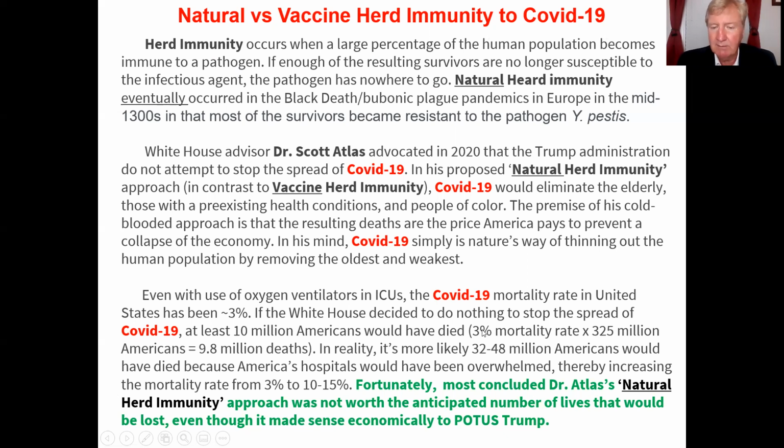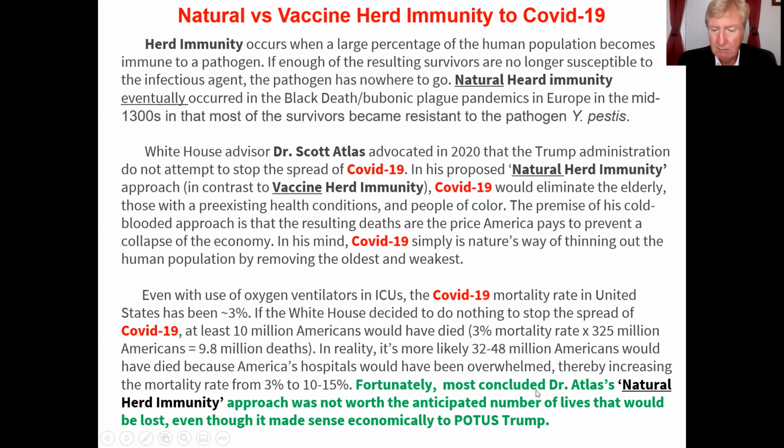And you get that number by multiplying 3% mortality rate by 325 million Americans, and that gives you 9.8 million deaths. But in reality, 30 to 50 million Americans would have died. And the reason for that is America's hospitals would have been overwhelmed, thereby increasing the mortality rate from 3% to 10 to 15%. And indeed, this is what happened in Italy and Spain.